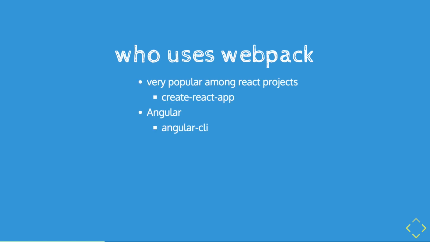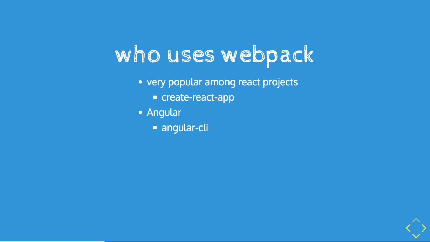So it's very popular among React projects. The Create React app is a webpack project, or lays down a webpack project. And Angular uses it, and their Angular CLI lays down a project that uses webpack.